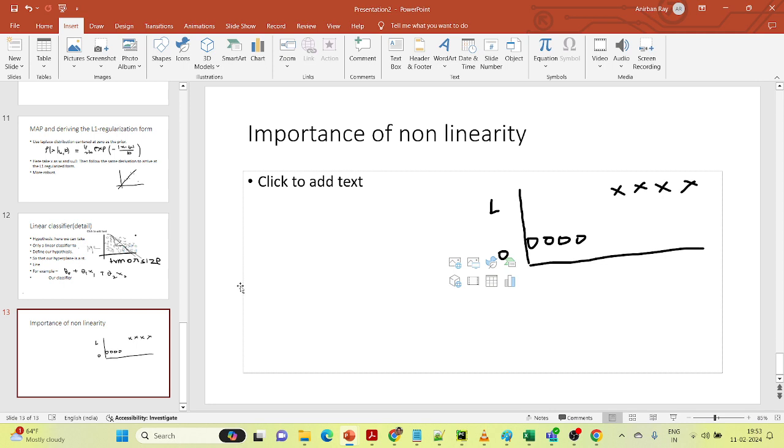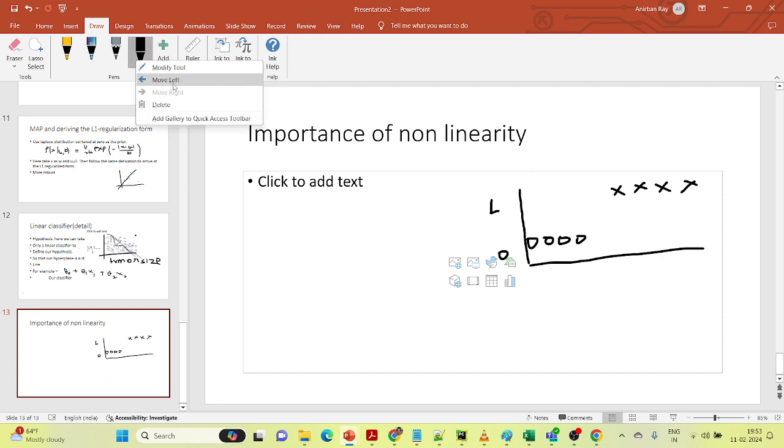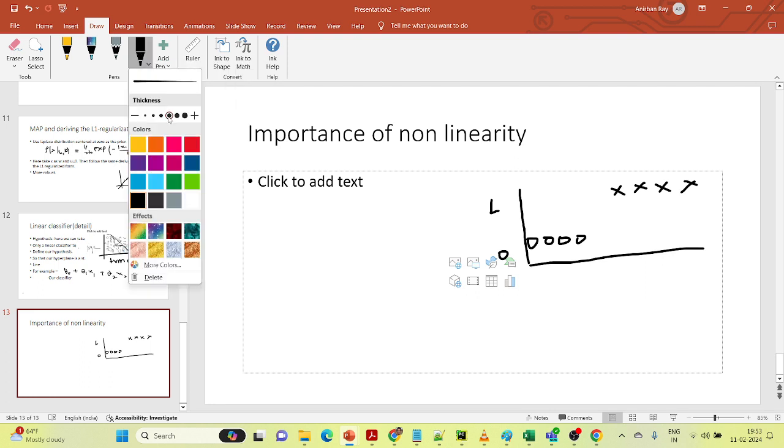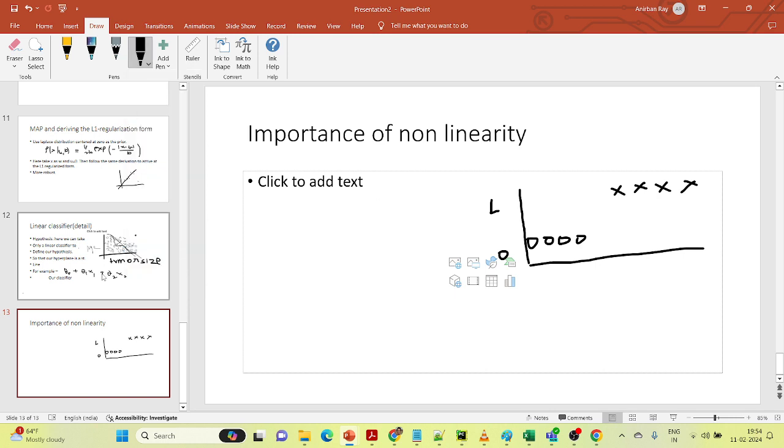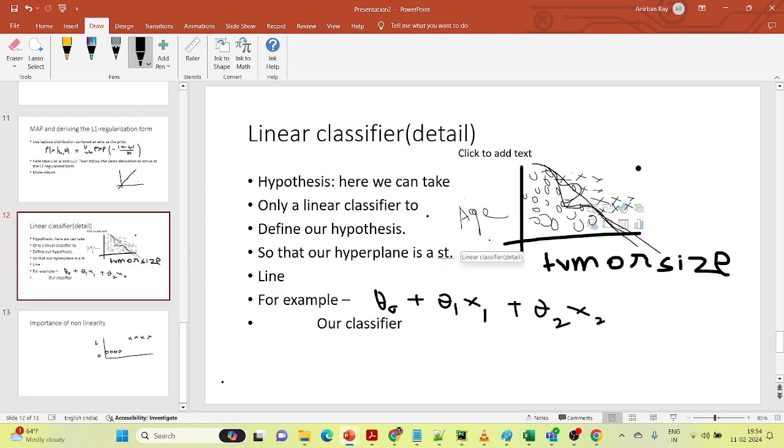In this case two parameters are there, so it is not easier to solve.